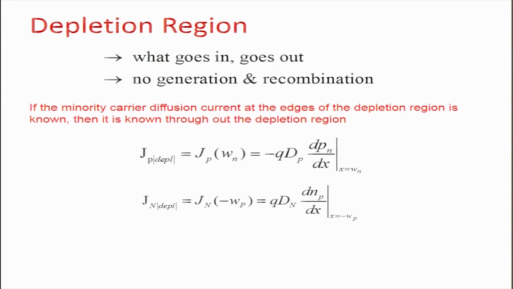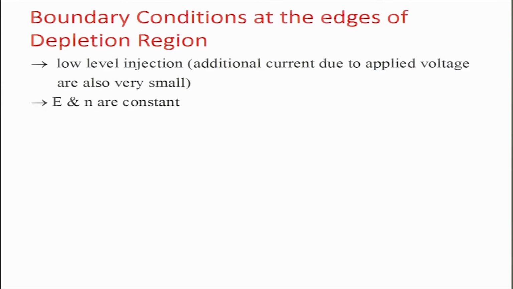These are very straightforward equations, just taken at the boundary of the depletion region, because the current stays constant throughout the depletion region. For the hole current I have taken the edge of the depletion region on the n side, and for the electron current I have taken the edge of the depletion region near the p side, and we know that both are minority currents on each side. So the total current is this, as we saw earlier, J is equal to Jp at Wn plus Jn at minus Wp.